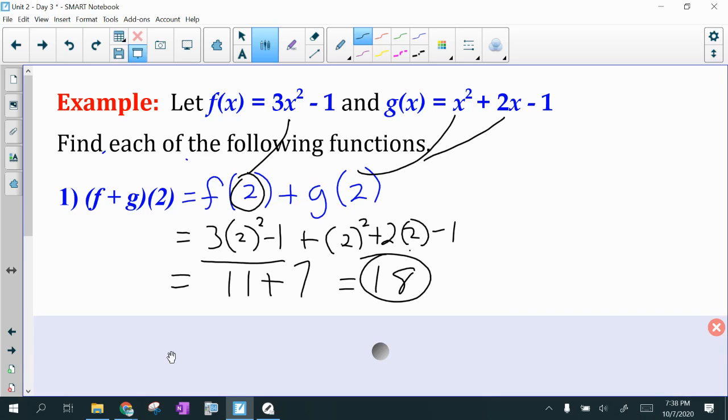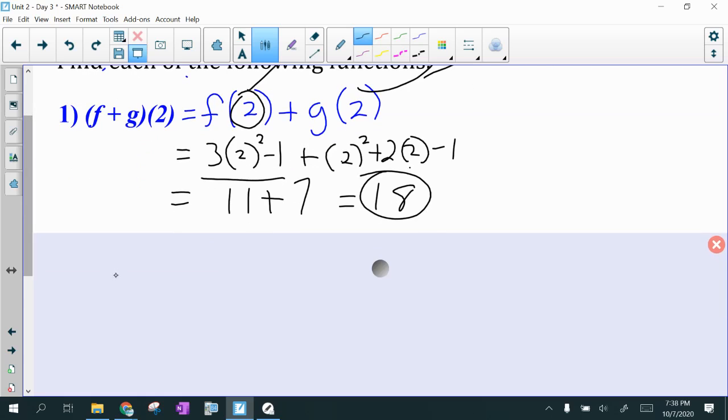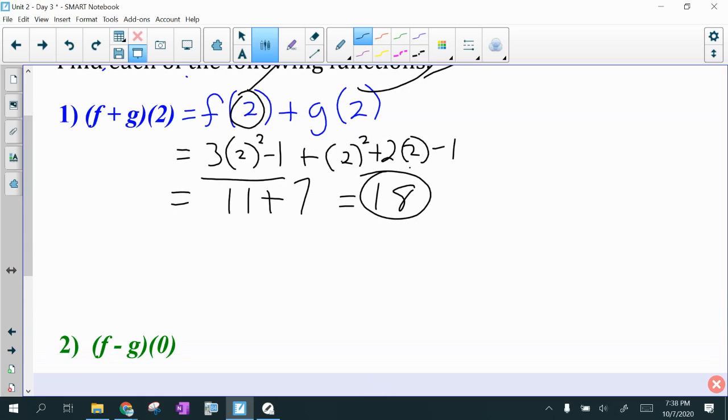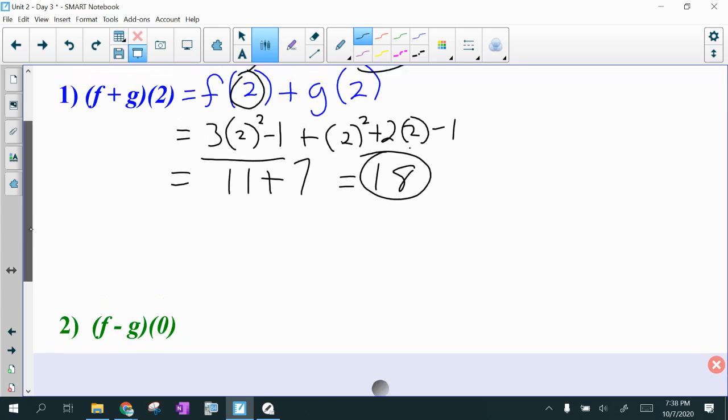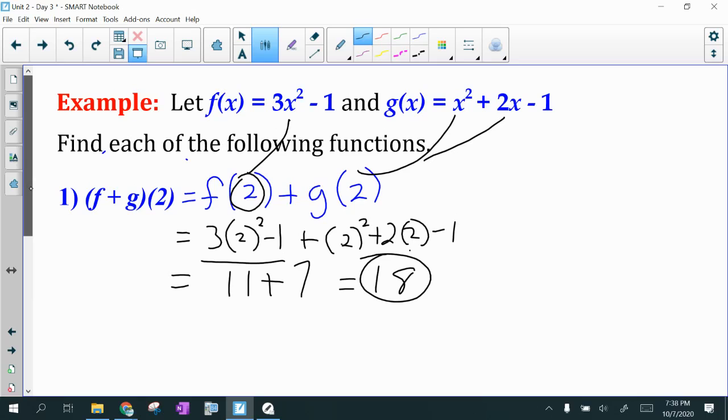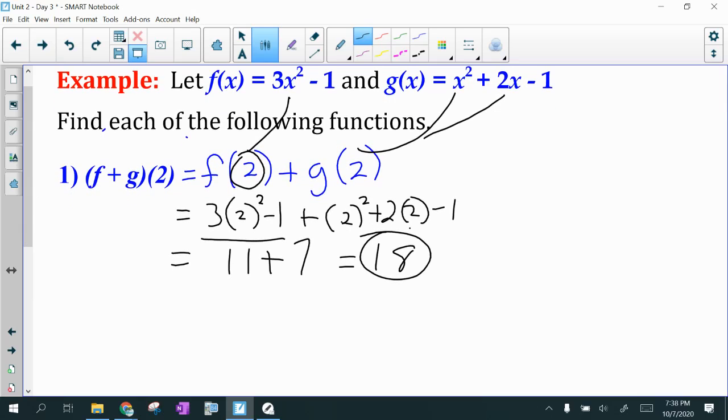Next, what else could I do? Well, I could ask you to find f minus g of 0. And once again, I'm going to recopy my functions so I can see them better. F of x equals 3x squared minus 1. G of x equals x squared plus 2x minus 1.